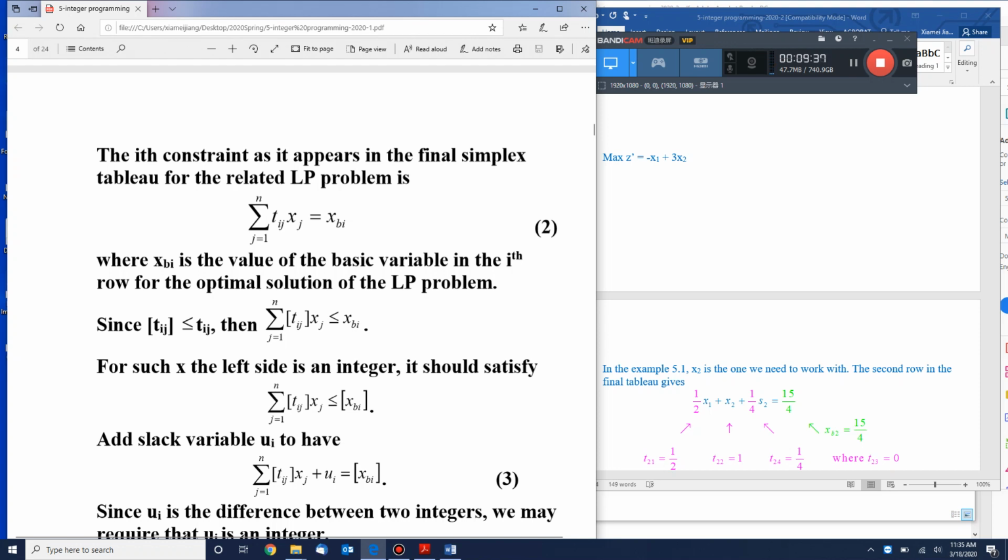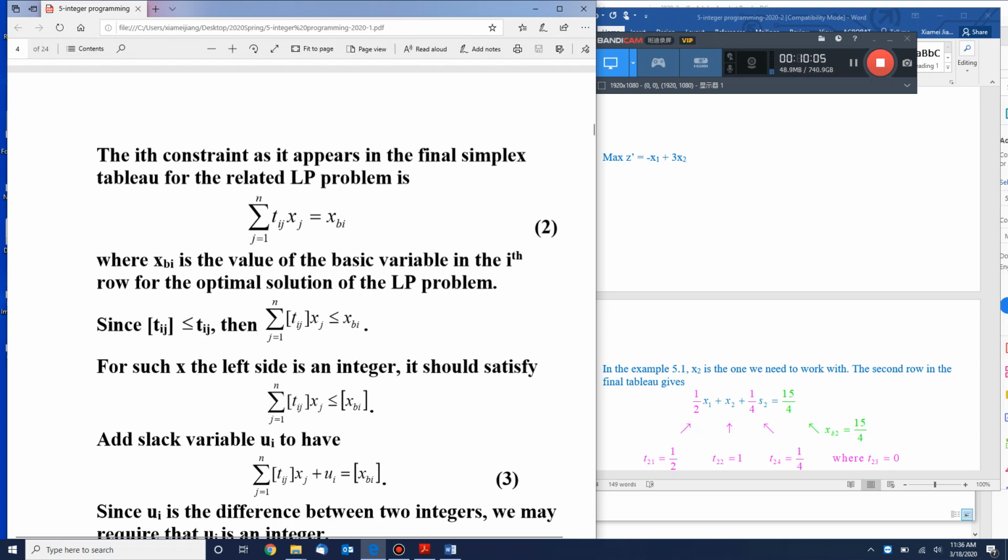Since the value on the left side is also an integer, because we need all the variables x to be integers, the left side is an integer. And the integer on the left should be less than or equal to the integer on the right.